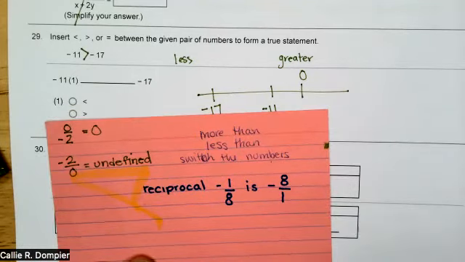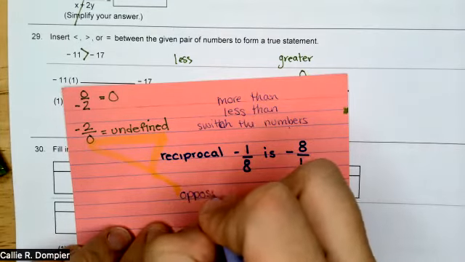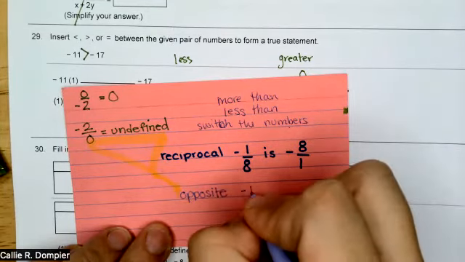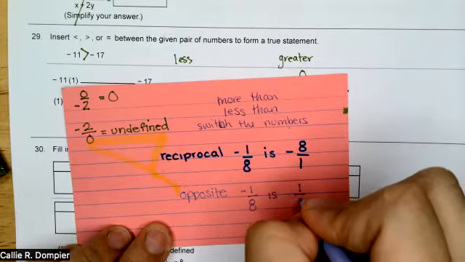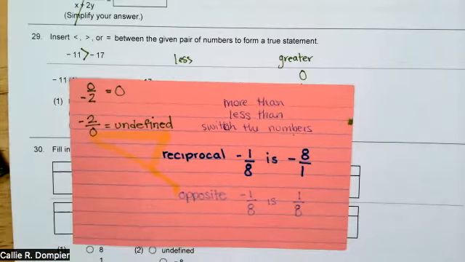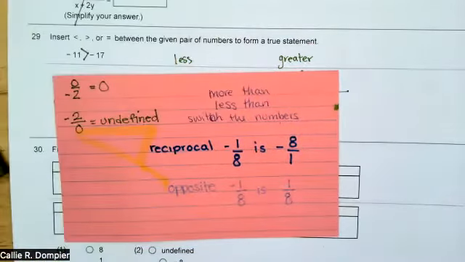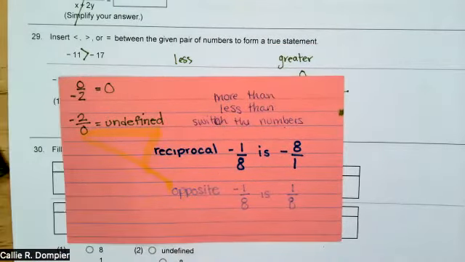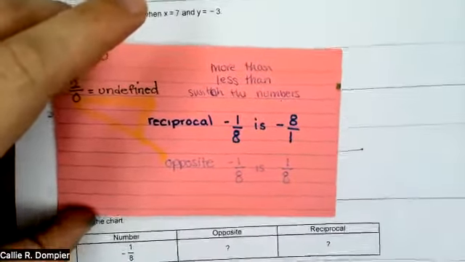But the additive opposite of negative 1/8 is positive 1/8, okay? Make sure you know the difference between reciprocal and opposite. Reciprocal is a multiplicative opposite.